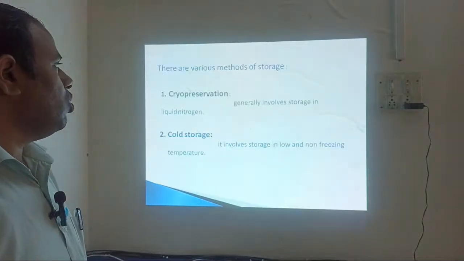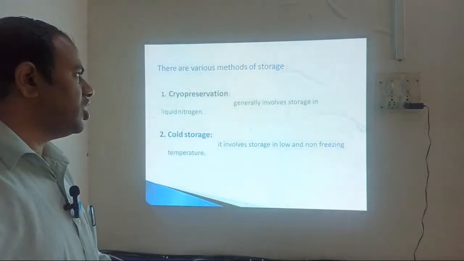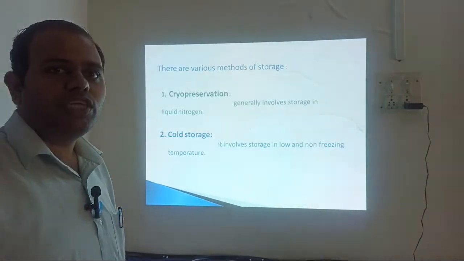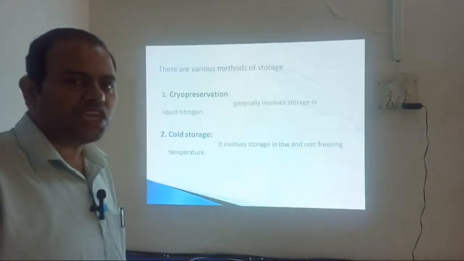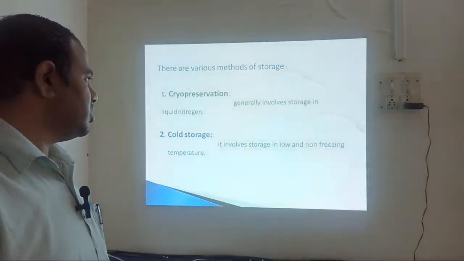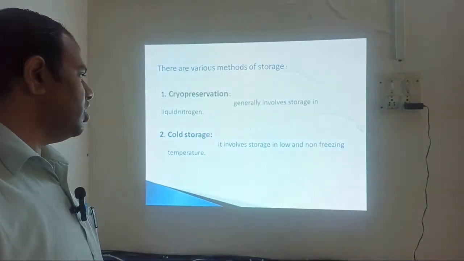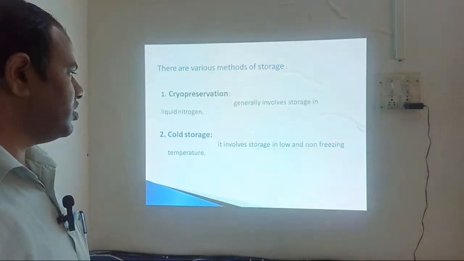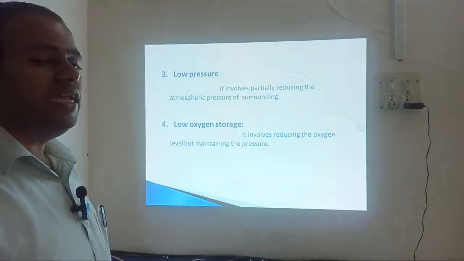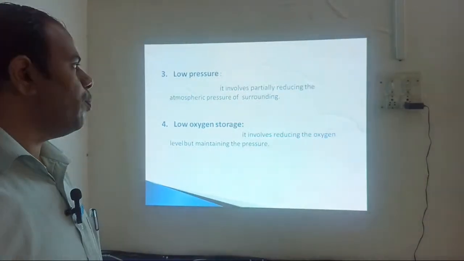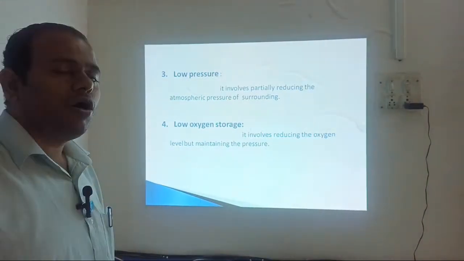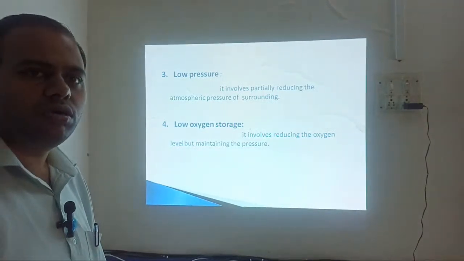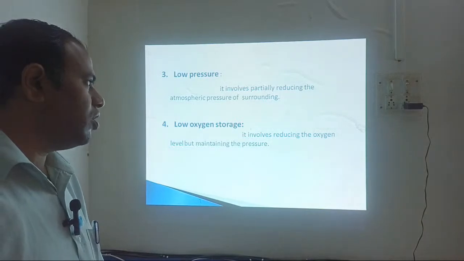There are various methods of storage under cryopreservation. First is cryopreservation itself, in which nitrogen or liquid nitrogen is used as the storage substance. Cold storage can also be done, at freezing as well as non-freezing temperatures. Sometimes we store chemicals at low pressure, in which the atmospheric pressure of the surroundings is reduced in order to reduce the degradation of that particular molecule.